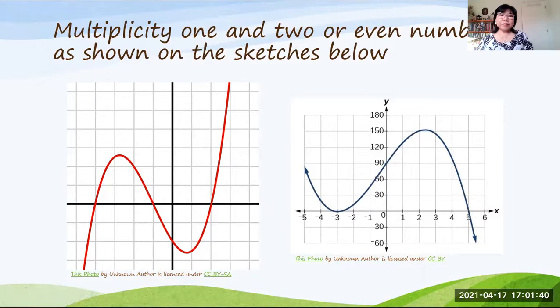So this graph shows us both multiplicity 1 for 1, 2, 3, 4, -4, -1, 2, and in the next graph, multiplicity 2 at -3, and multiplicity 1 at x equal 5. So I hope that now you understand what the name multiplicity means.